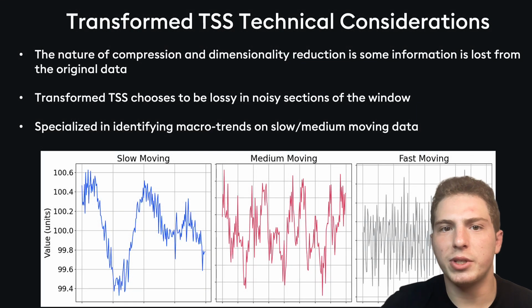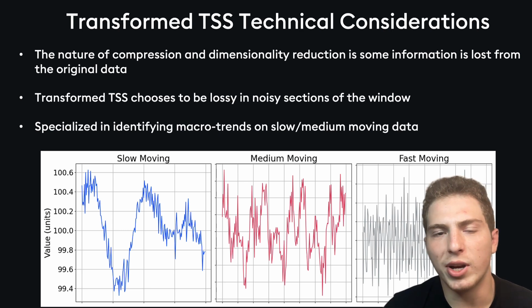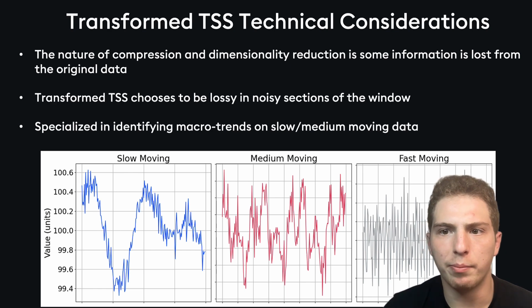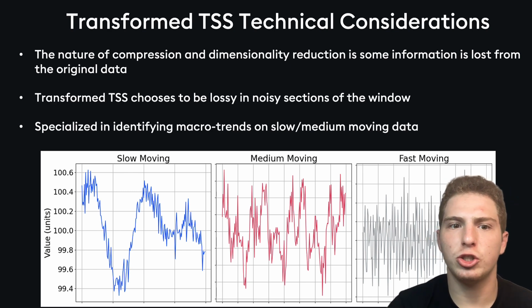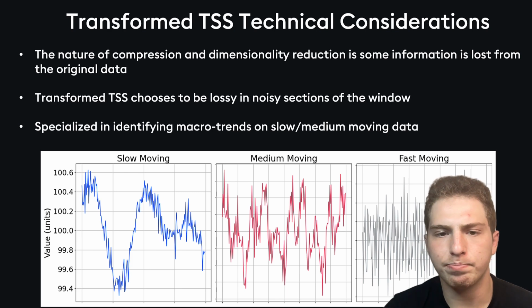Some transform TSS technical considerations are we are actually compressing our data, so we are losing information. But as long as our data is slow or medium moving, this is not too much of a problem, because how this works is transform TSS chooses to be lossy in noisy sections of the window.